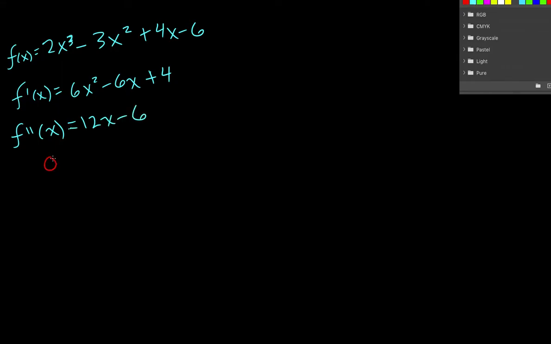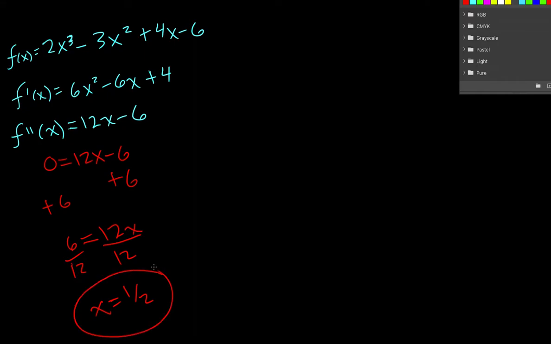Now we want to set that equal to 0 and just solve. So we add 6, 6 equals 12x, divide by 12, and so x equals 1/2. Okay, so we have a point of inflection at x equals 1/2.